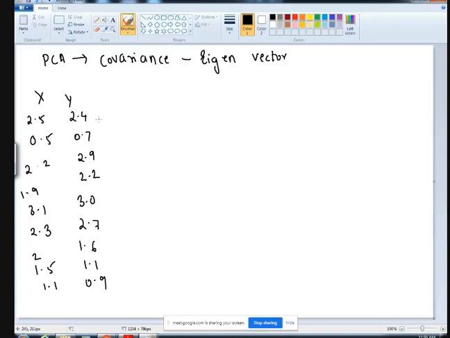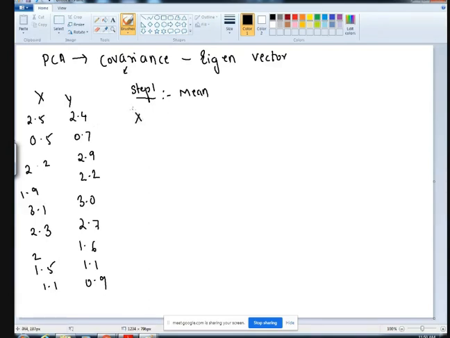Whenever you want to find the covariance, the first step is to find the mean of x and y. For finding the mean of x and y, add up all the values and divide by 10. Since there are 10 entries, we add all the content that x contains and then divide by 10.